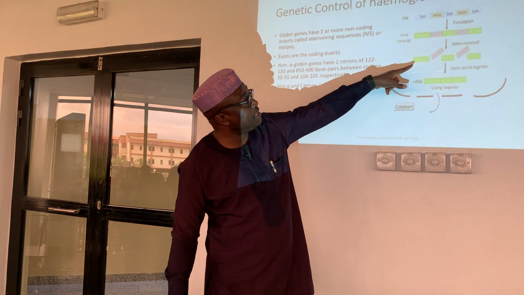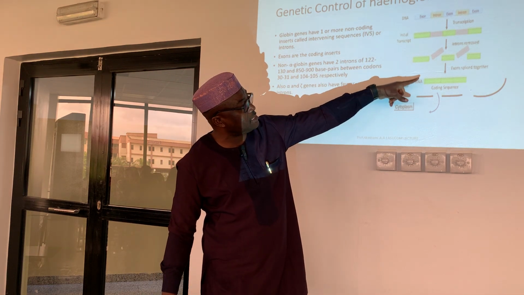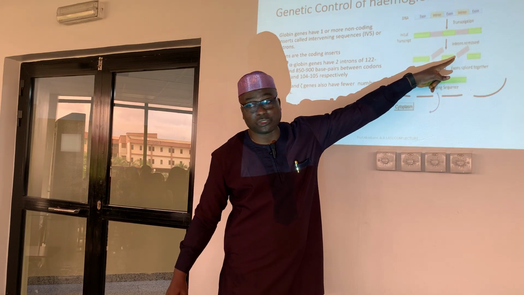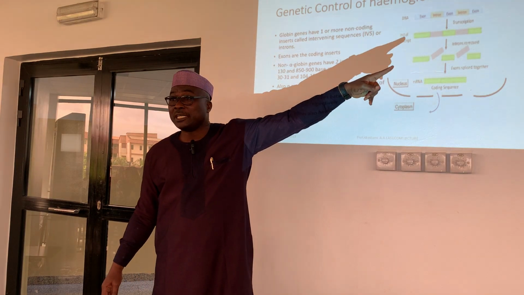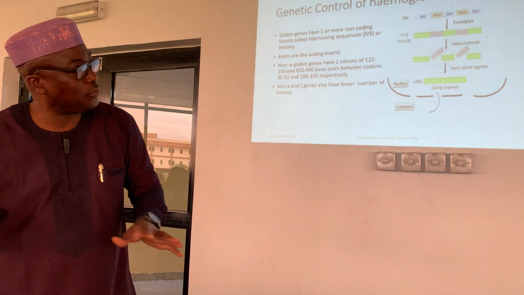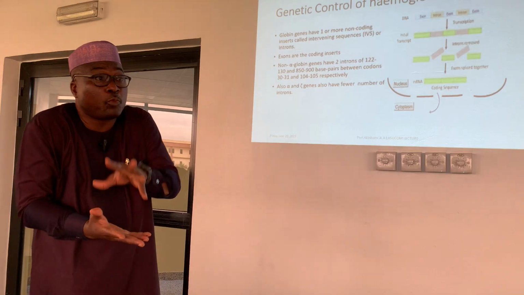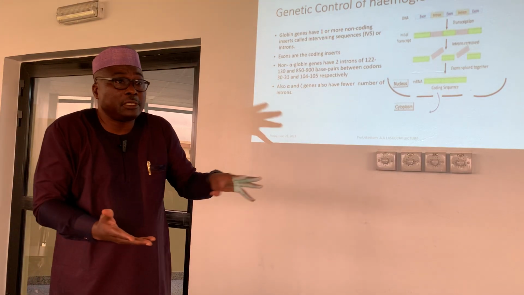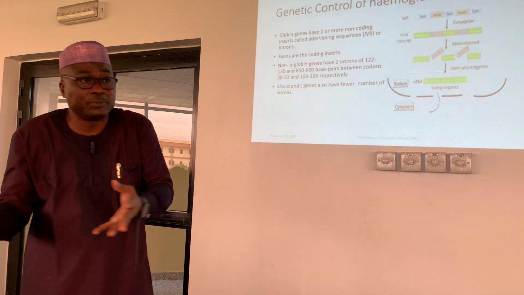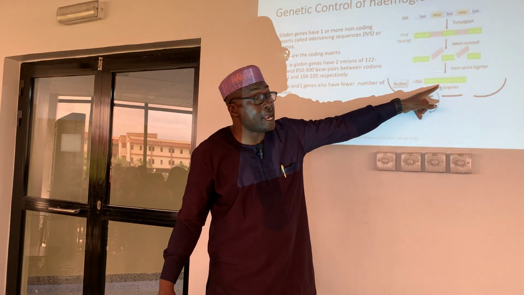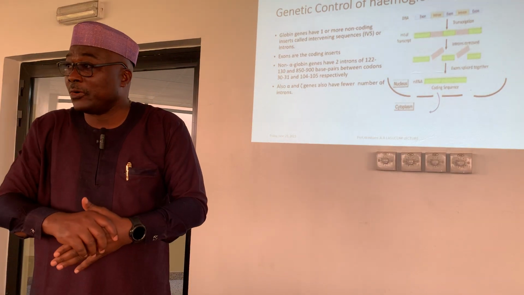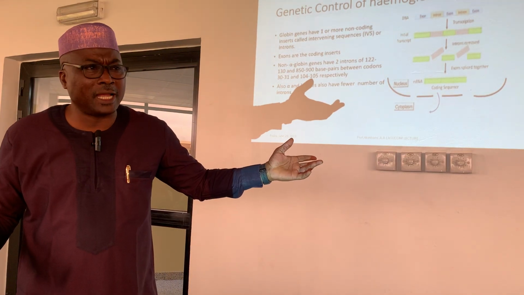Okay, so before it is sent out to the cytoplasm, all the introns, which are the non-coding parts, are spliced off, so that you make it even smaller, and the body does not send what it does not need into the cytoplasm. So you now have mRNA containing only the coding parts. Okay, is this difficult to understand?